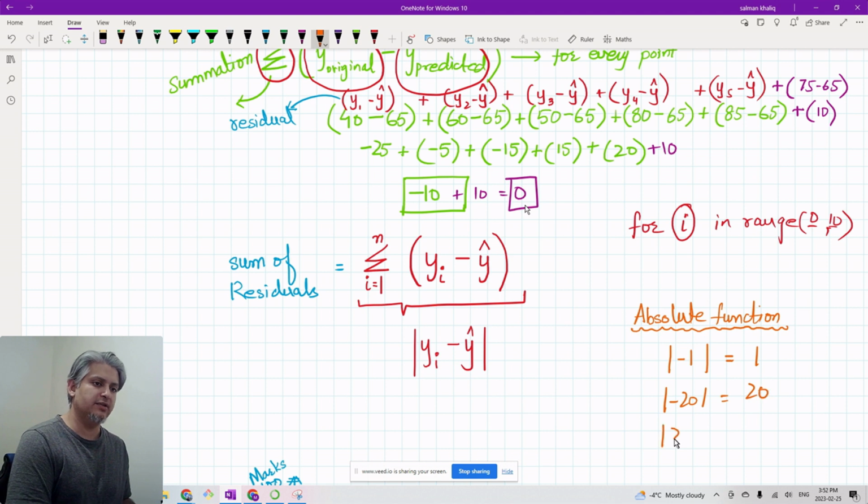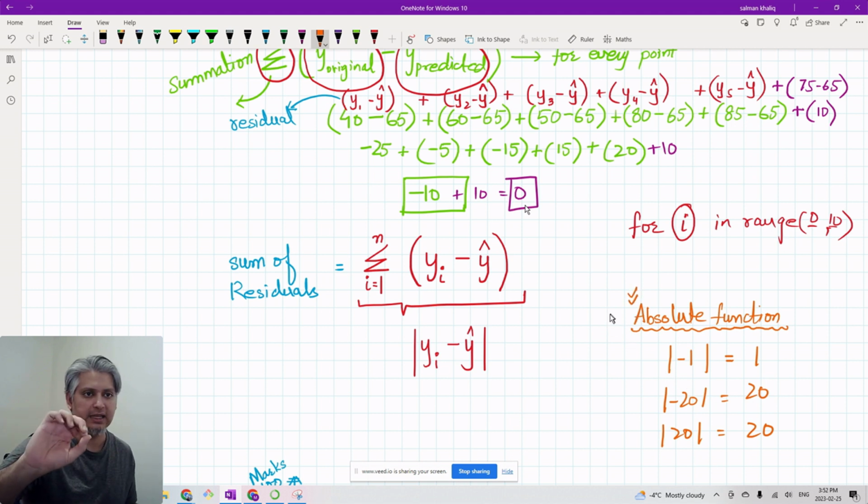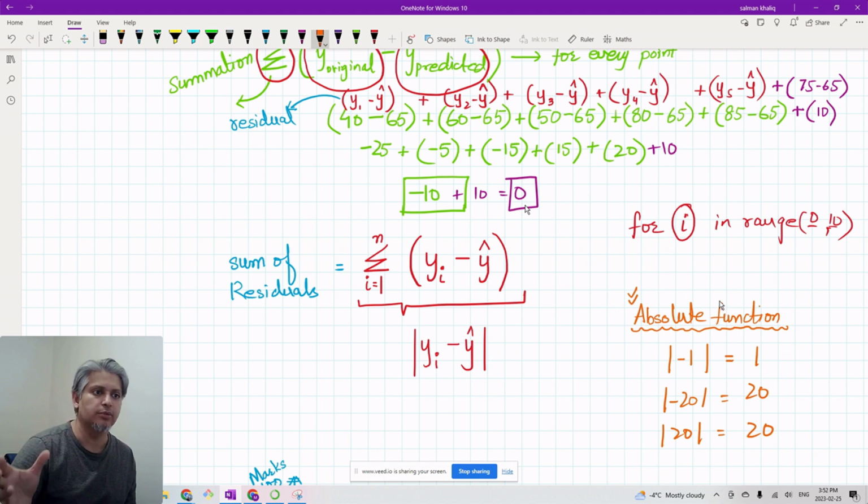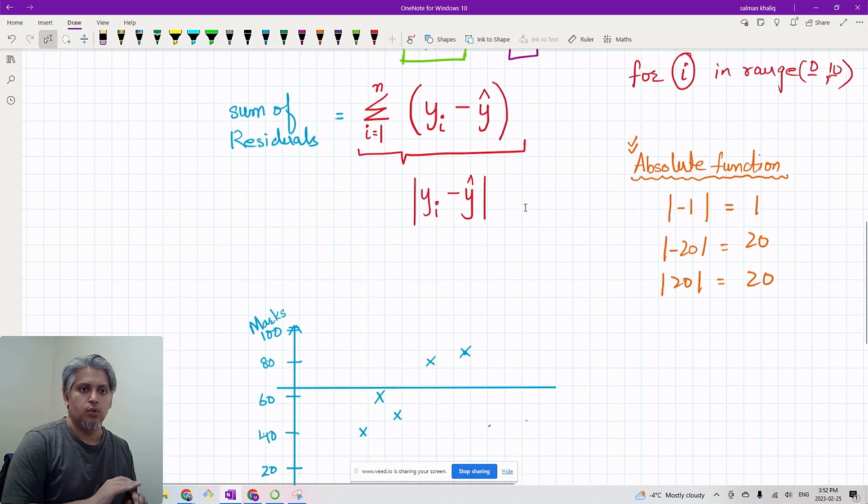If you put a positive number, you will still get a positive number. So the absolute function has the ability to ignore the negative sign and look only at the numbers. In simple terms, it always ignores the signs and looks at the magnitude only.